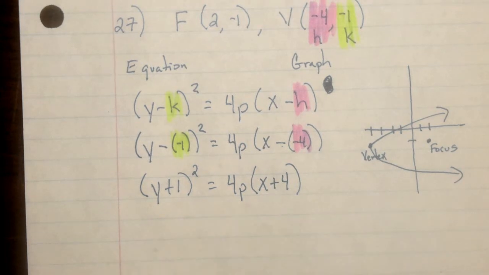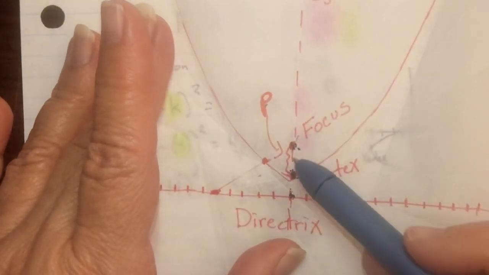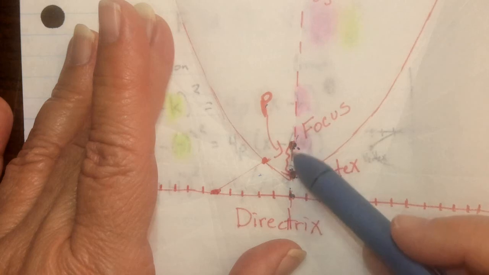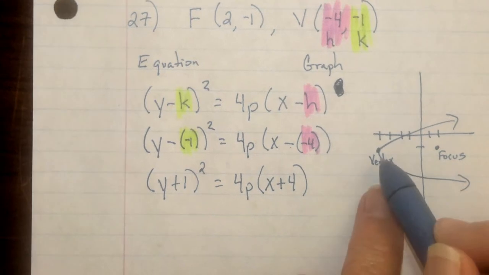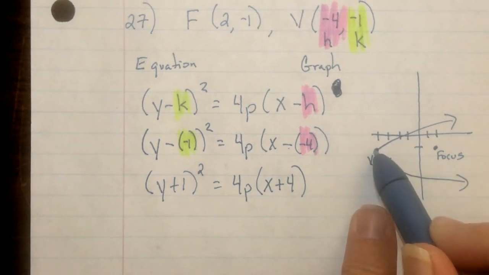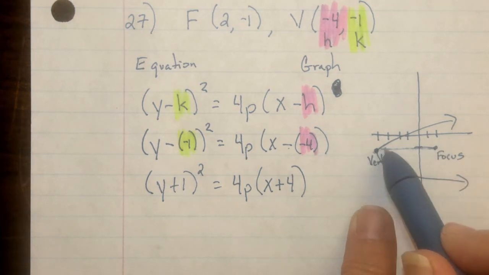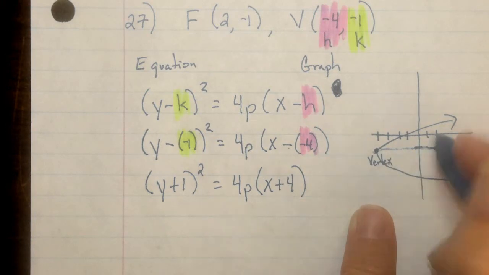Now we have to figure out what p is. Go back to when you were physically folding that parabola. Every time you folded, you were cutting this distance in half, and p is the distance between the vertex and the focus. How far is it from my vertex to my focus? 1, 2, 3, 4, 5, 6.